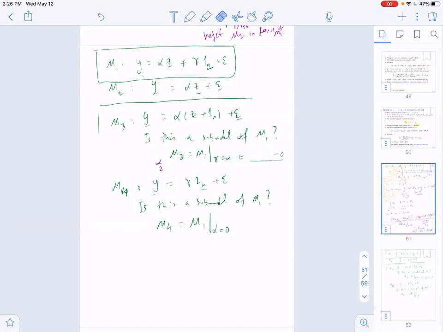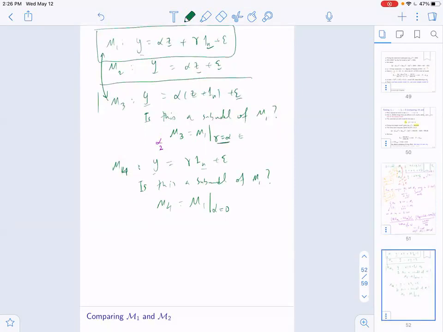So I can compare M3 to M1. The only thing I need to do is fit this, compute the residual sum of squares, and then compare it with that. And that's just testing this null hypothesis in M1.